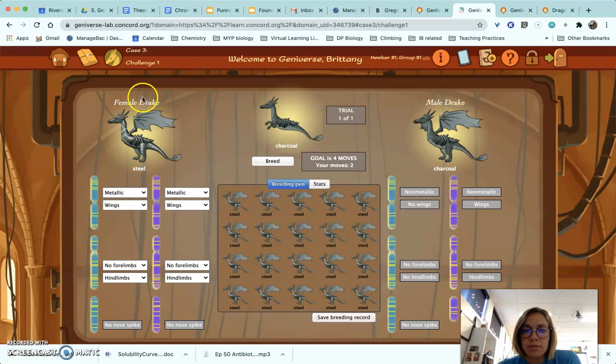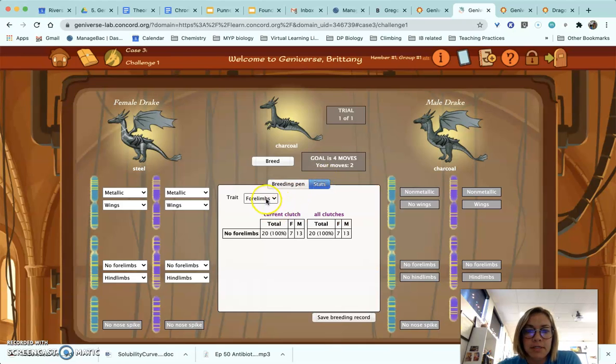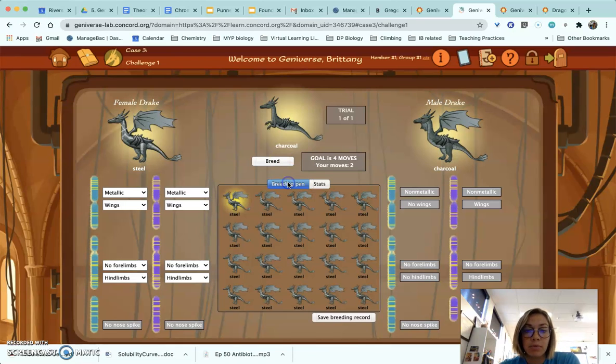So notice, she is steel, right? And we're going to look at the offspring that have these traits. And so if we look at their armor color, 20 of them, or 100% of them, have become steel. And when we look at them, they're all this steel color.